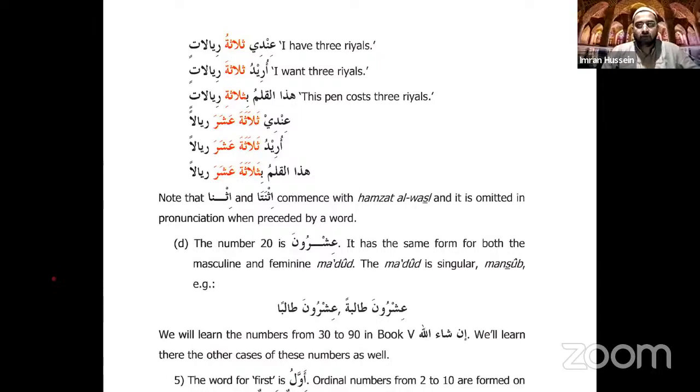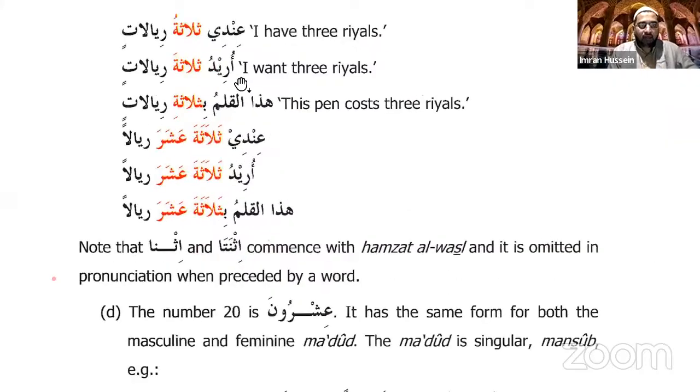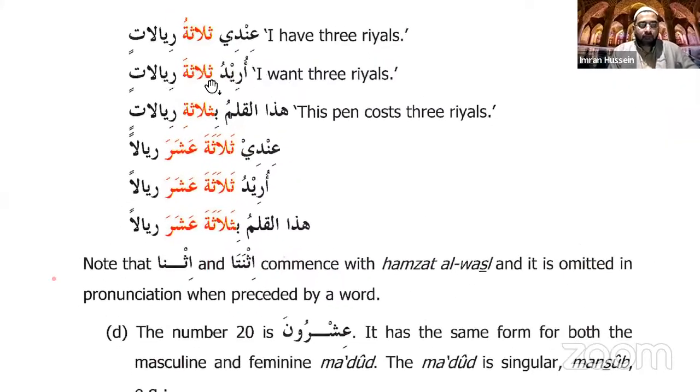From 11 to 19, they remain the same. But numbers from 3 to 9 change. For example, thalathatu riyalat, I have 3 riyals. Uridu thalathata riyalat. As the word 3 is now coming as an object, it gets a fatha, thalathata.